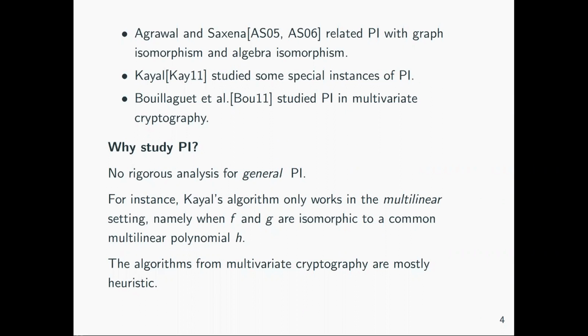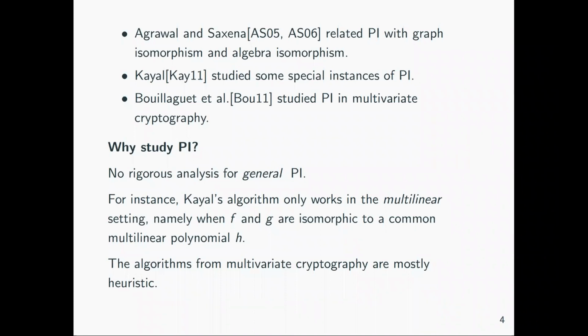So why do we study PI? Despite the works that we introduced, little progress has been made on algorithms with rigorous analysis for general polynomial isomorphism. For instance, Qiao's algorithm only works in the multilinear setting, namely when polynomial f and polynomial g are isomorphic to a common multilinear polynomial h.